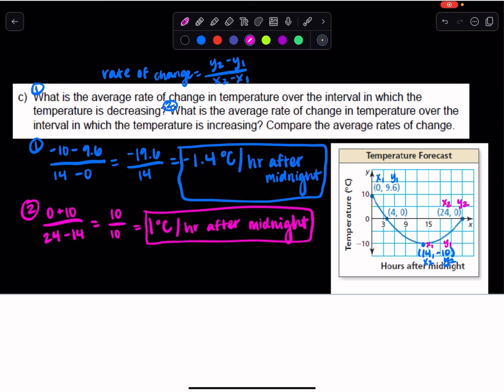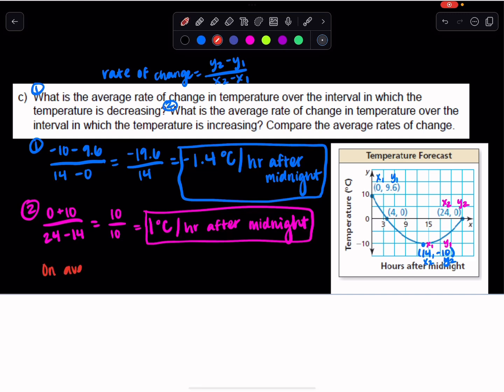Compare the average rates of change. So looking at the first and second, you should be able to tell that one is negative and one is positive, and that matches with decreasing and increasing. But also, you can tell that on average, it falls faster than it comes back up.